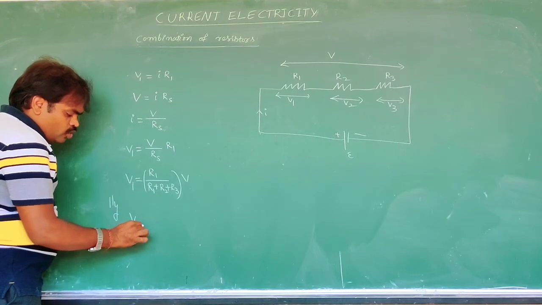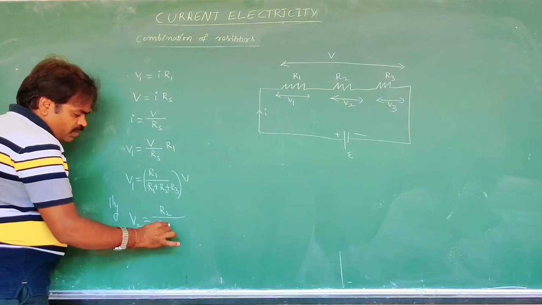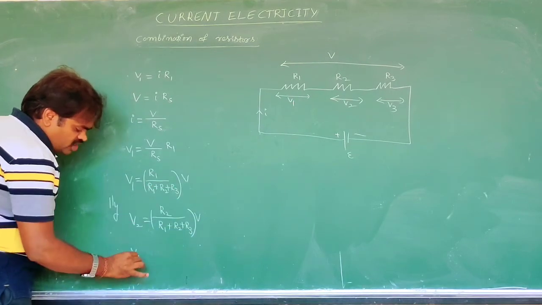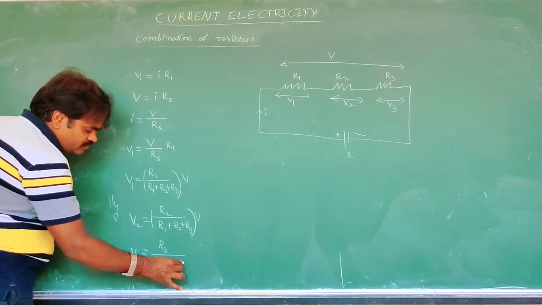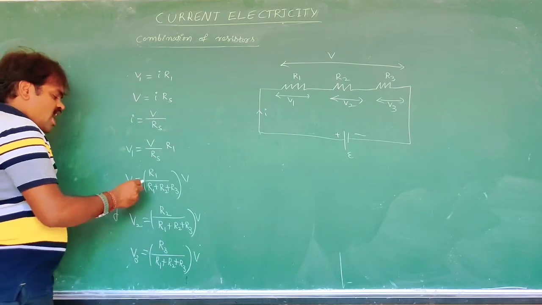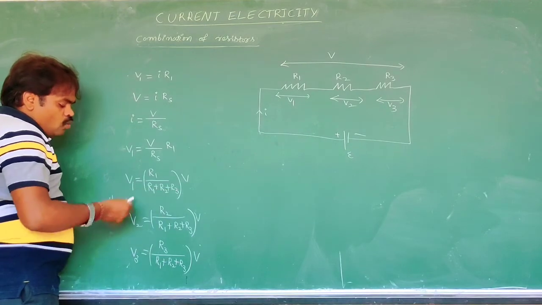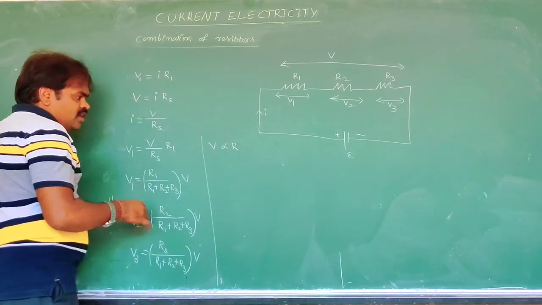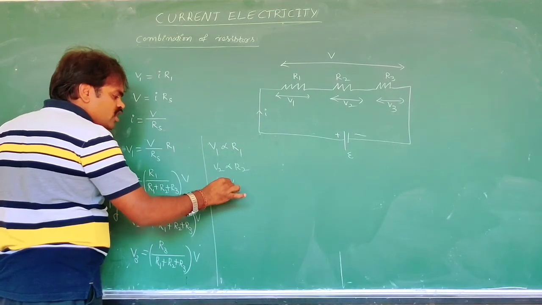Similarly, V2, the potential drop across the R2 resistor, is R2 by R1 plus R2 plus R3 into V. Then V3 is equal to R3 by R1 plus R2 plus R3 into V. In all of V1, V2 and V3, V by R1 plus R2 plus R3 is common, so the potential is proportional to R. V1 is proportional to R1, V2 to R2, V3 to R3.